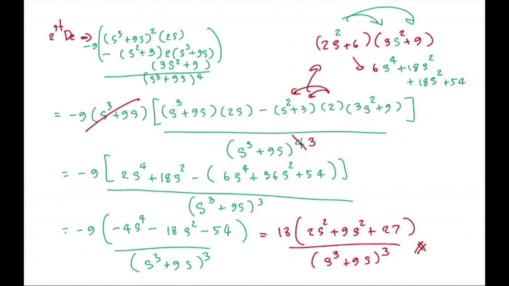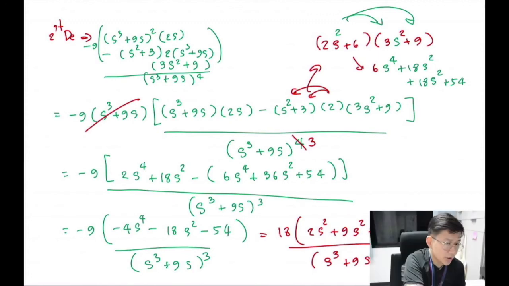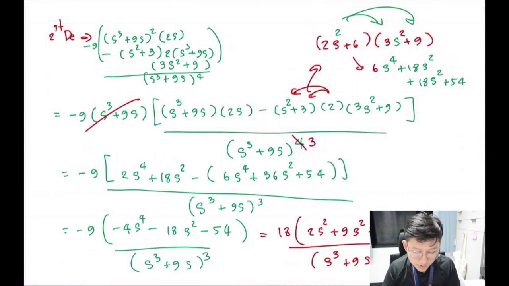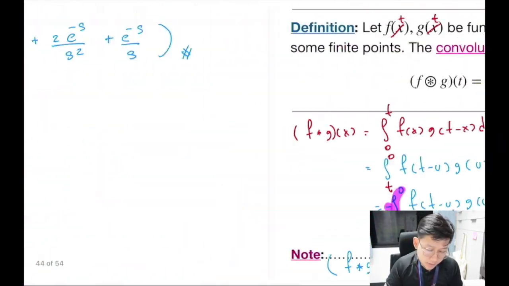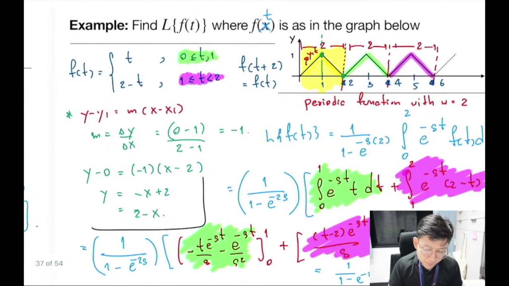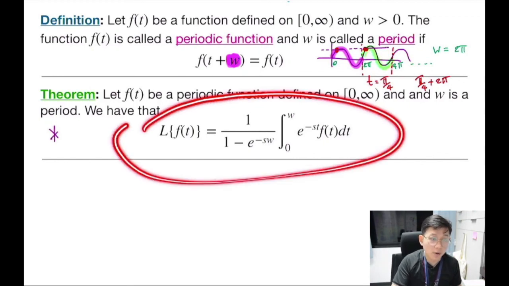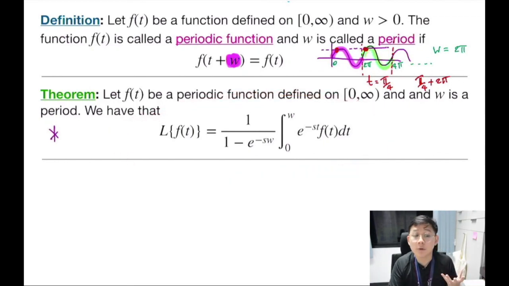Okay, let me summarize what we have learned today. We begin with the step function, right? We first look at the definition of the periodic function, and then I tell you to find the Laplace transform of the periodic function using this formula.